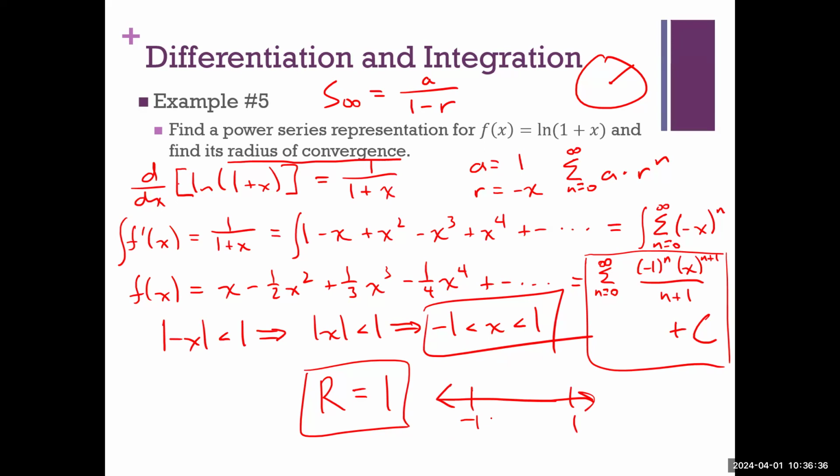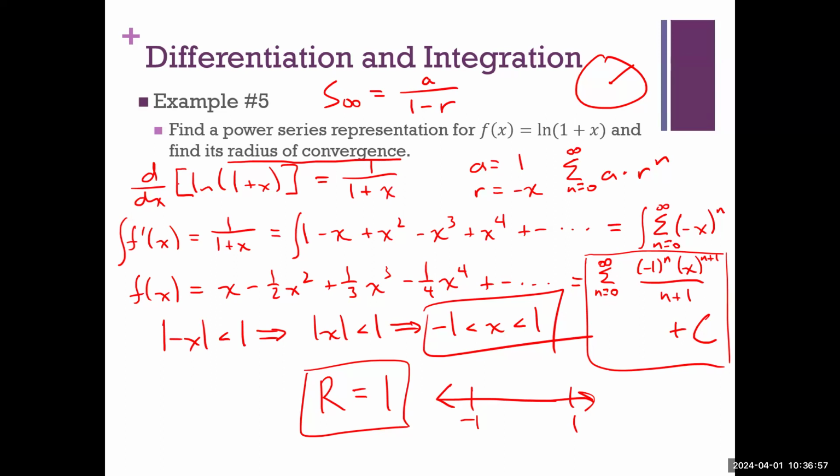To be fair, it was always alternating. Geometric series can alternate. That's okay. But this ratio, and Sophie, I think this came from you, this absolute value of negative x being less than 1, that gives us this interval, right?